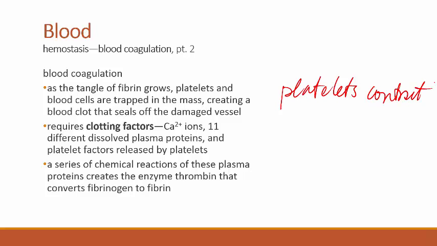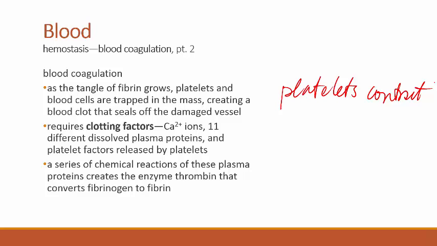So the platelets actually become smaller, and even though platelets are really tiny, as all of these tiny platelets contract, that draws the torn edges of the wound together, and the whole clot becomes smaller. So this is one more step or effect that helps to really pull the wound closed.